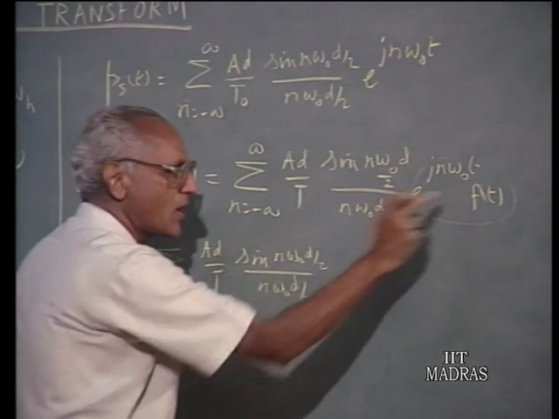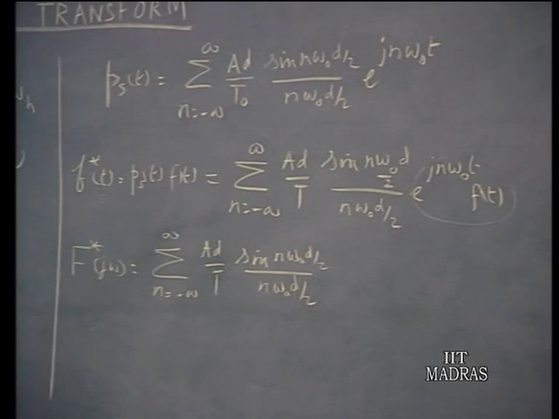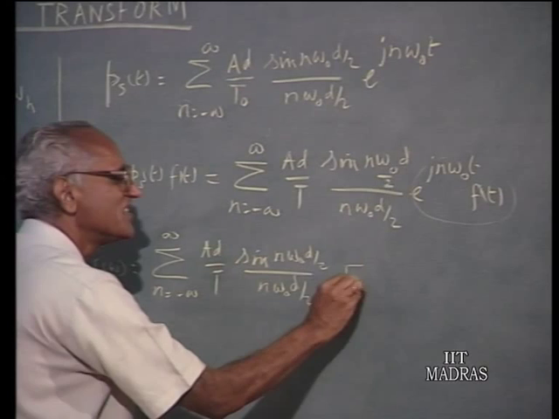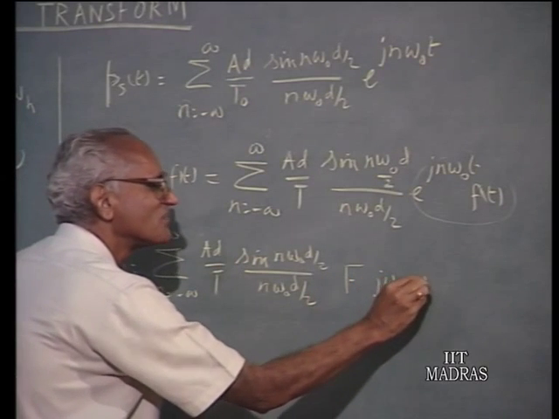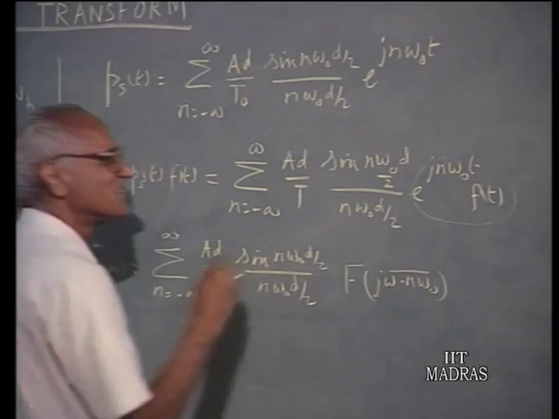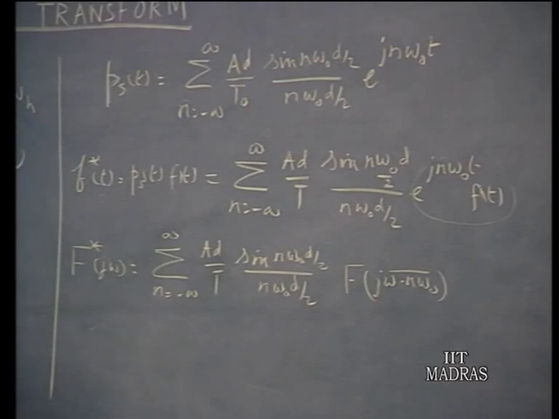If the Fourier transform of f of t is F of j omega, we have seen that the Fourier transform of f of t multiplied by e to the power of j n omega naught t is simply F of j omega minus n omega naught. That is, multiplication by an exponential in the time domain is equivalent to translation in the frequency domain. This is something which we have done.